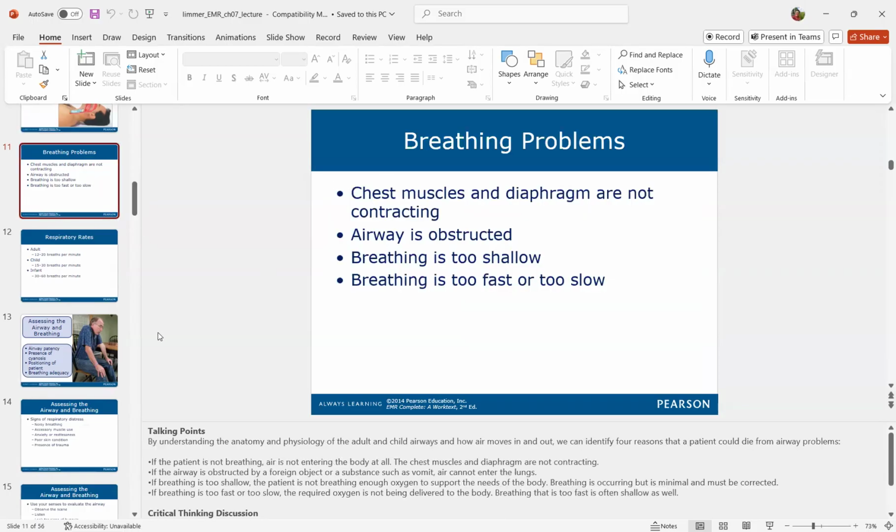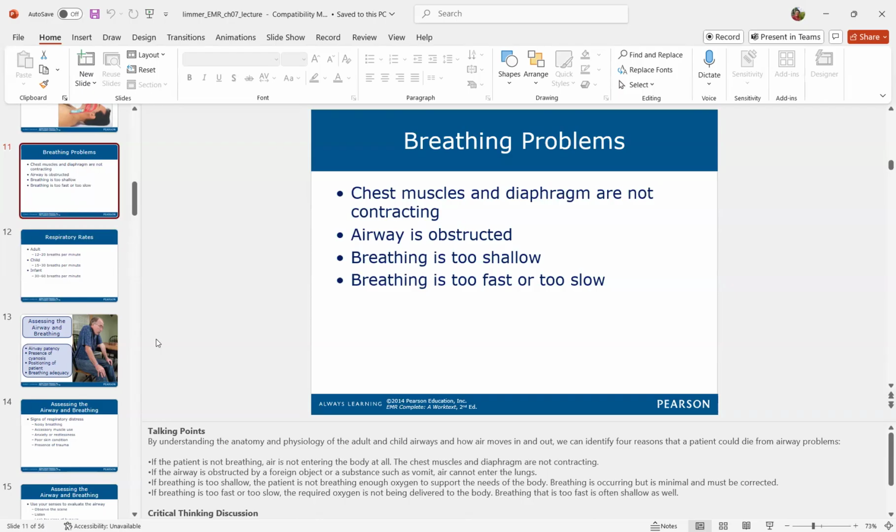So breathing problems. Just understanding some of the anatomy and physiology of adult and child airways helps us identify some reasons that patients could die from an airway problem. So if the patient's not breathing, air is not entering the body at all. The chest muscles and diaphragm, they're not contracting. If the airway is obstructed by a large foreign body or substance like vomit, air can't get into our lungs, so it can be obstructed.